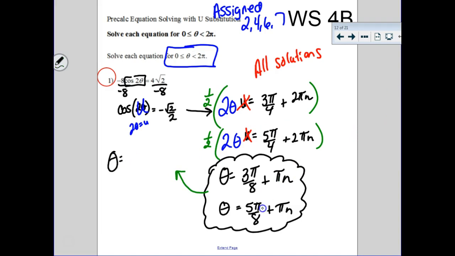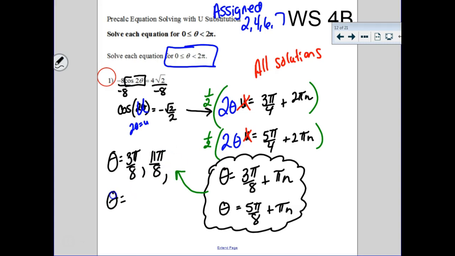All right. So if I don't add anything, I start out at 3 pi over 8. But what happens if you add a rotation to that, guys? What's 3 pi over 8 plus 8 pi over 8? 11 pi over 8. Are we still good in the right interval? Yeah. But you're not going to be able to add another 8 to that, right? That'll be too big. So stop.